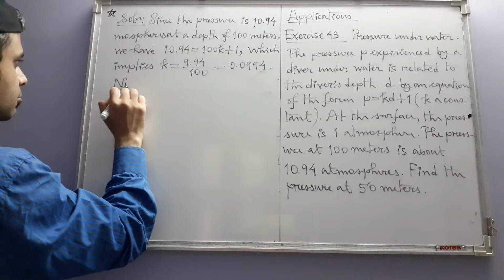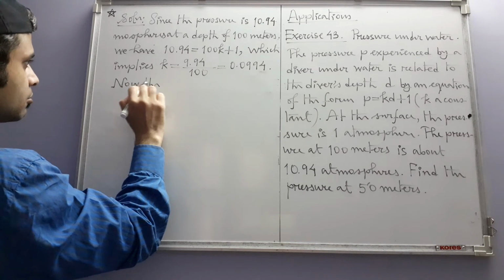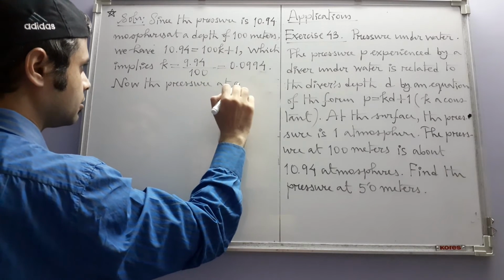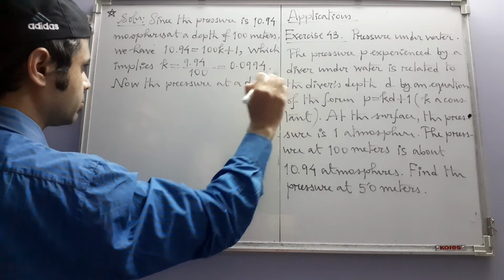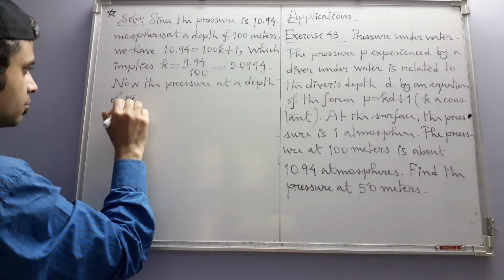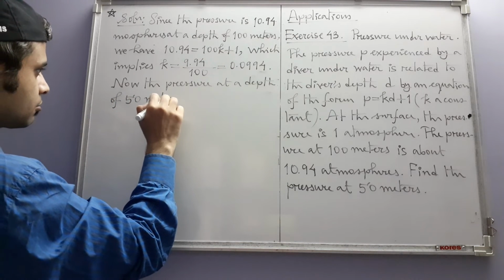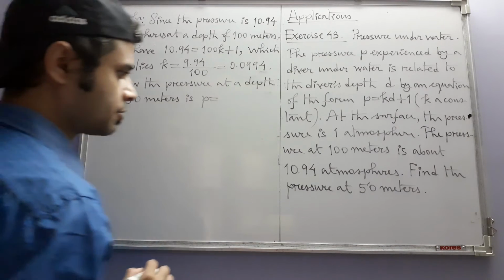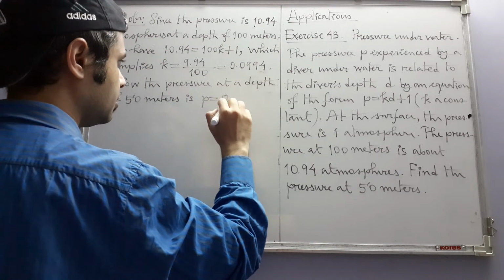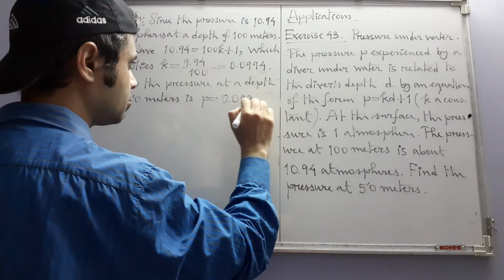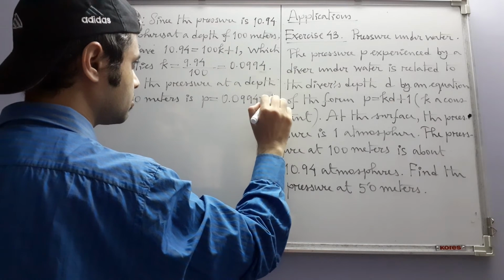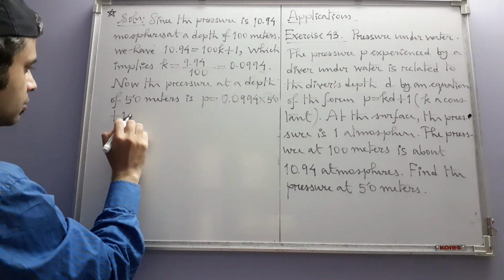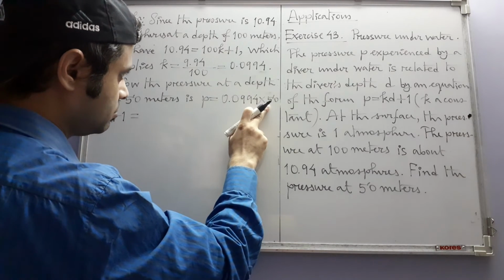Now the pressure at a depth of 50 meters is, so now we can use this value of K times 50 plus 1. Okay, so we can calculate it mentally now.